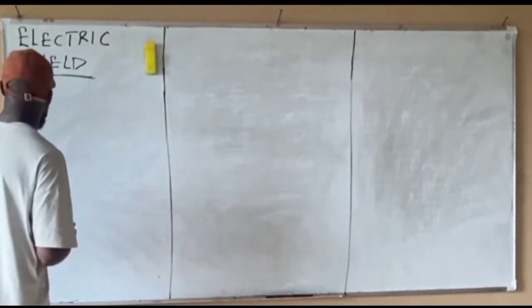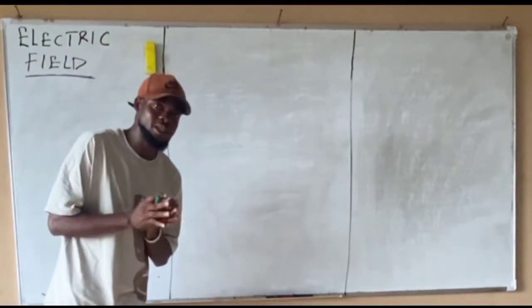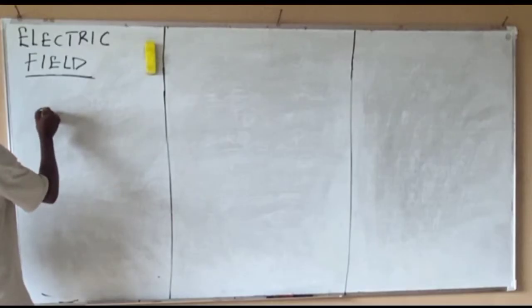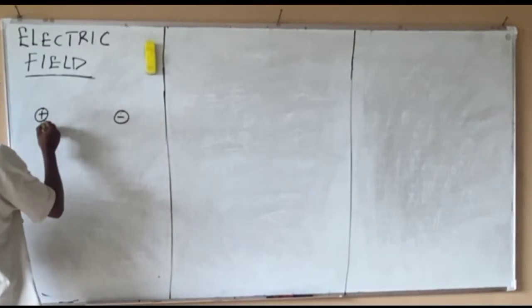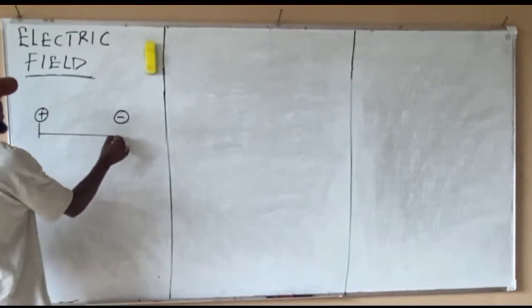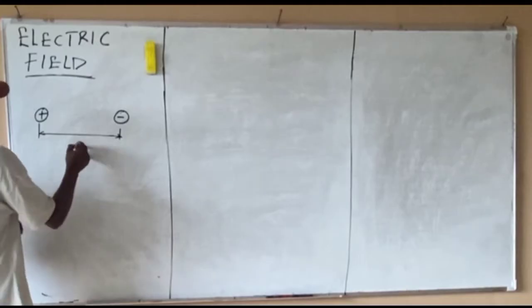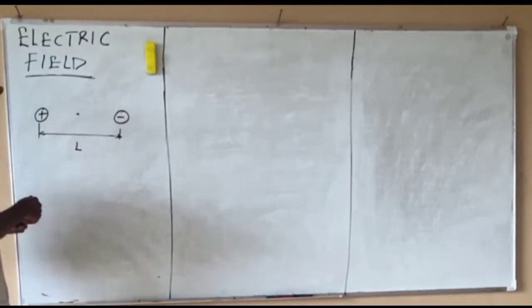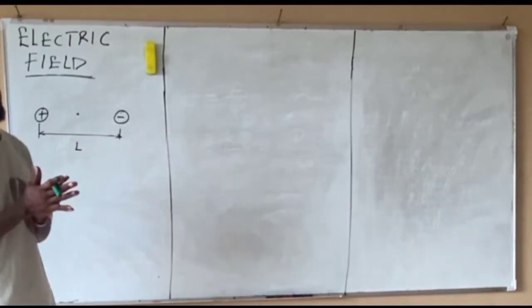For example, let's say I have 2 point charges, positive and negative, separated by a distance L, and you ask what is the electric field intensity at the midpoint of these 2 charges.